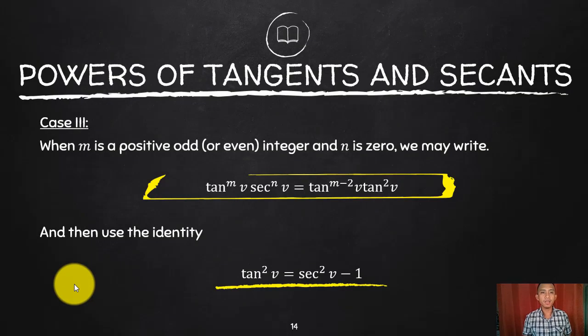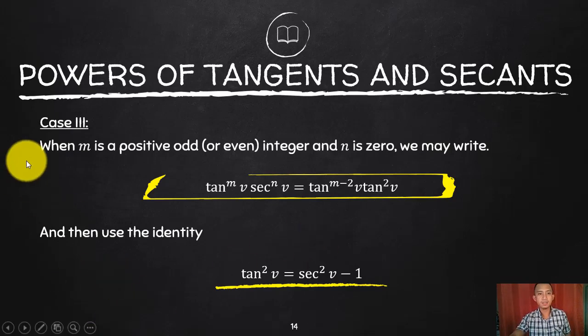Okay, and last case on the powers of tangent and secant is this: we cannot apply case 1, wherein secant is raised to a positive even power, and we cannot apply case 2 since tangent is not a positive odd power. So that will fall under case 3, wherein m is a positive odd or even, and n is 0.